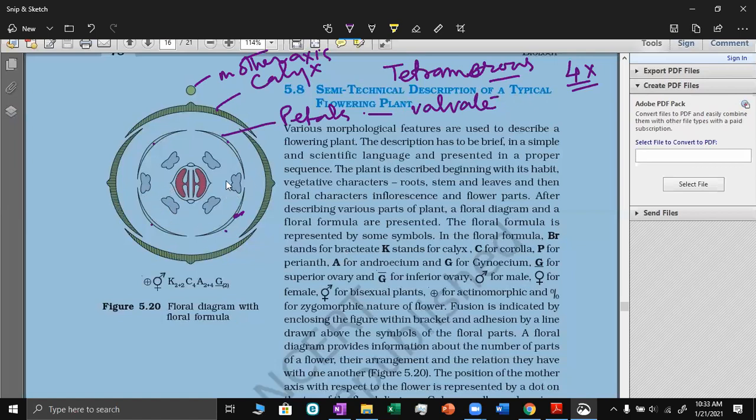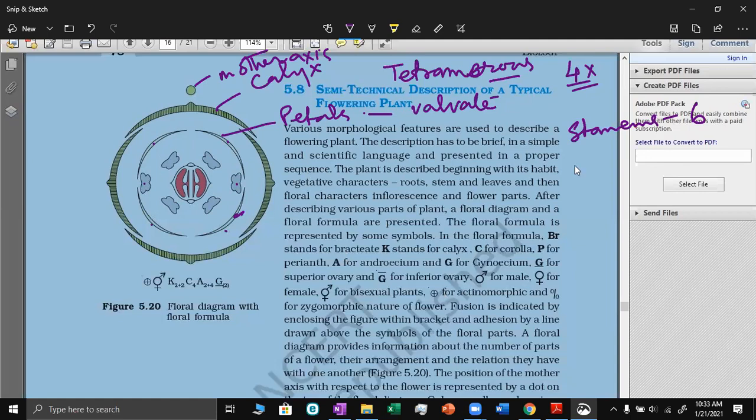Here there are 6 stamens. Out of the 6, 2 are in the outer ring. Say their position: these 4 in the inner ring, and these 2 are in the outer ring.